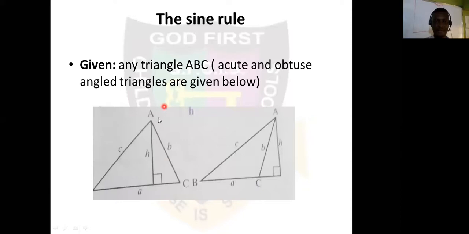All right. Now, given triangle ABC and another triangle ABC, this is acute and this one is obtuse. So let's go to the next slide.